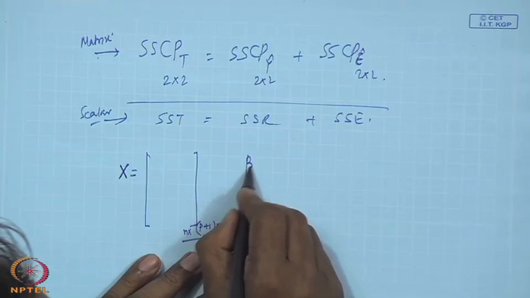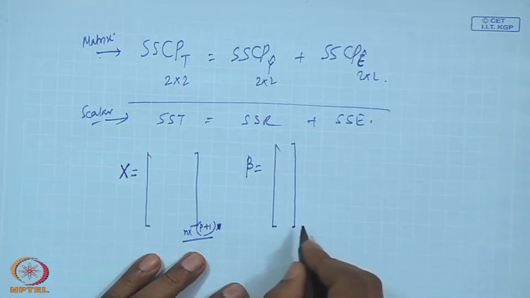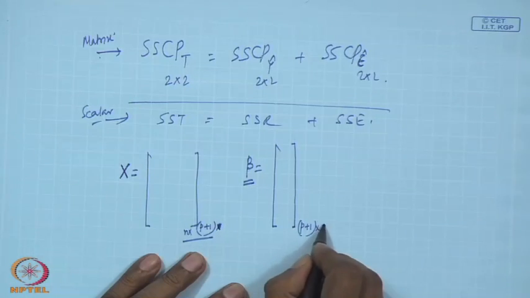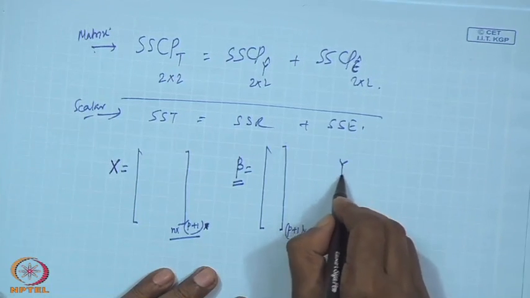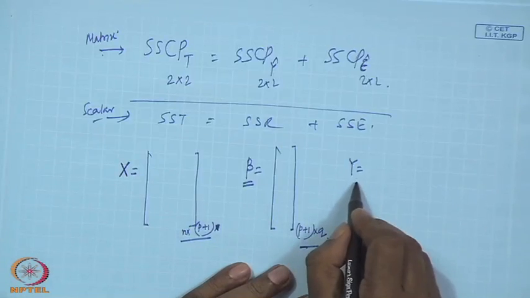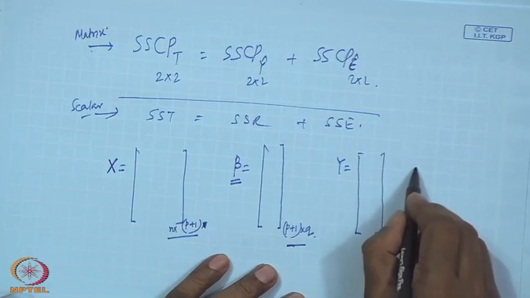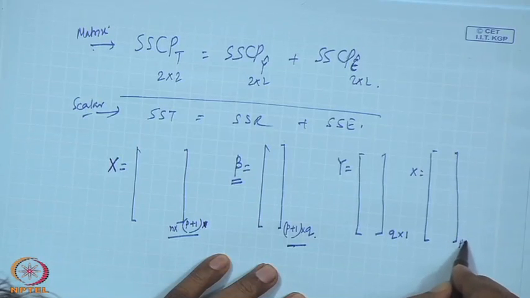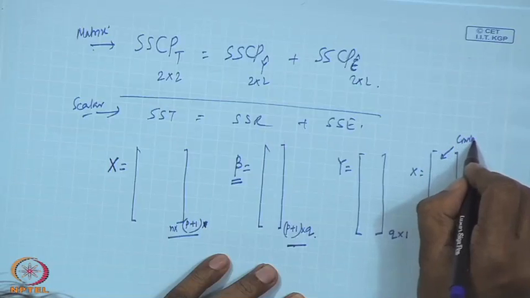So, your beta is there, the beta matrix, which is P plus 1 cross Q, correct, and your y variable. If I go by variable only, y is having Q cross 1 variables, x is having, including the constant, P plus 1 cross 1 variables.